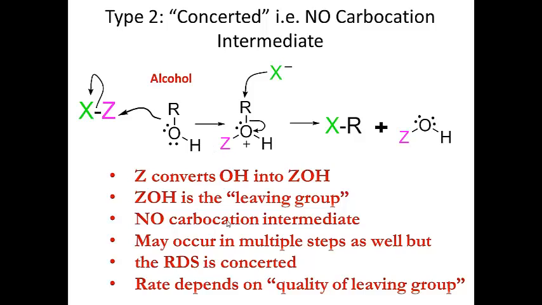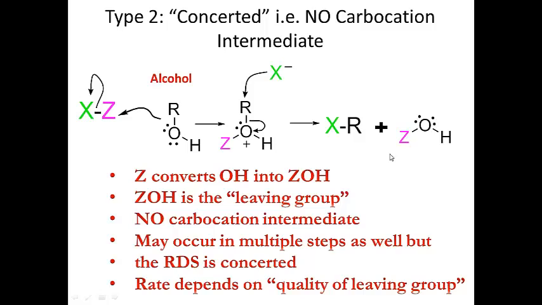So Z is here now on the alcohol, and then X, which is the halogen, is here, and that halogen can now come in and attack the carbon and kick off the alcohol to now give you an alkyl halide, where X is a halogen and R again is a generic descriptor, and it can be any carbon containing group, and then the ZOH here in the product.